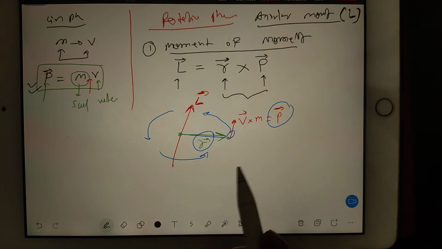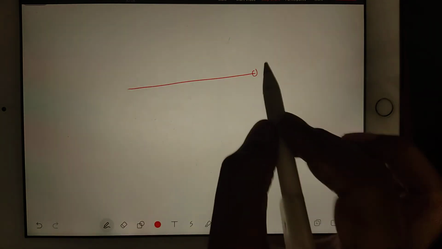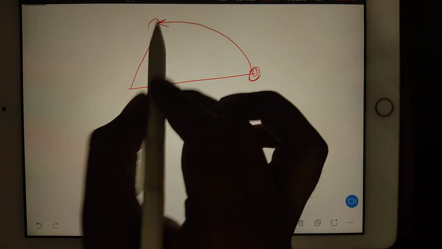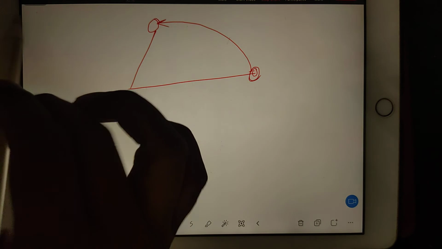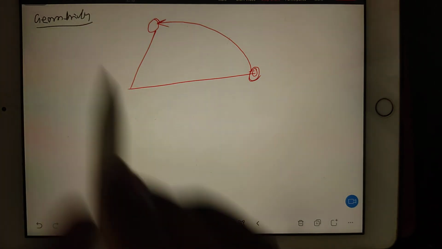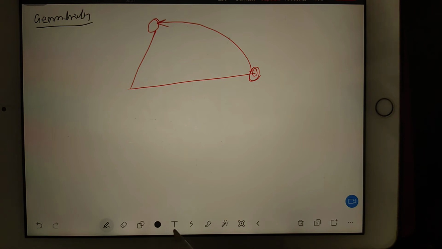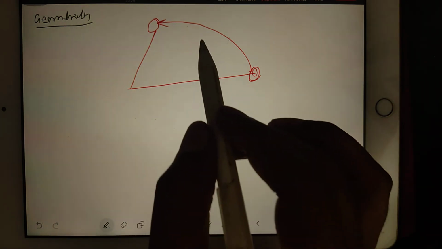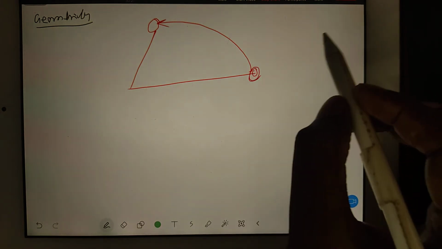Now there is something called how you define angular momentum geometrically. I'll change the page. When anything is revolving around something, suppose the object is here in the beginning and then the object comes here, then geometrically, this concept is very popular when we solve orbital mechanics problems.